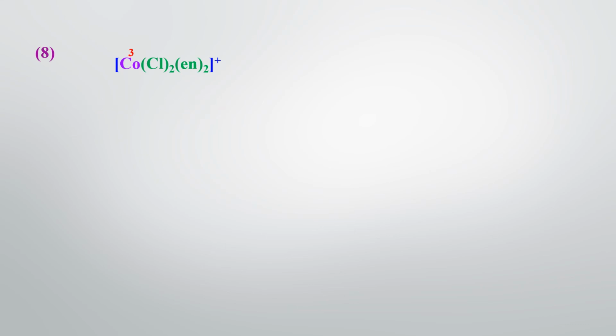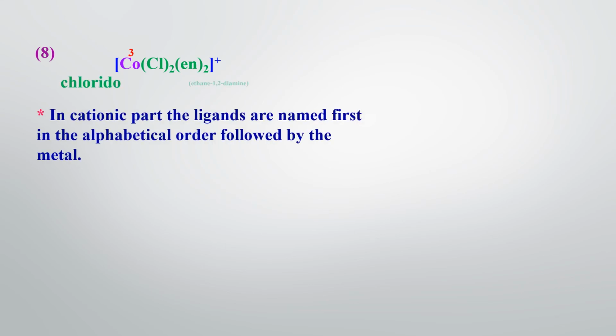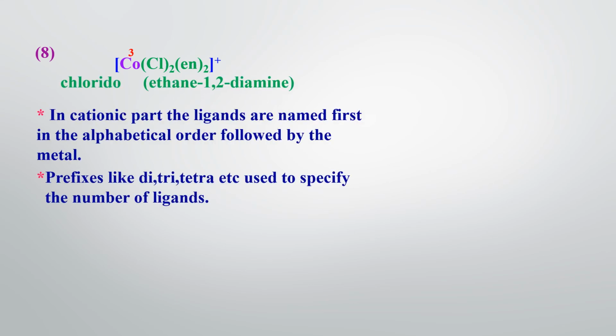Now you have to name the ligands first in the coordination complex, in alphabetical order: chlorido and ethane 1,2-diamine. C comes first, so dichlorido. The ligand name ethane 1,2-diamine itself has di in it, so we use another type of prefix.